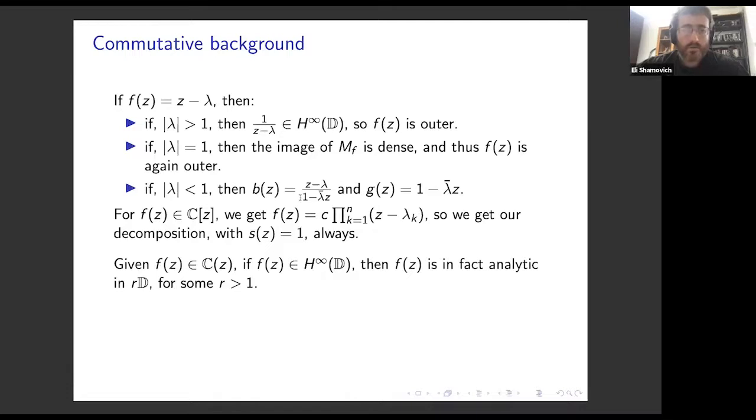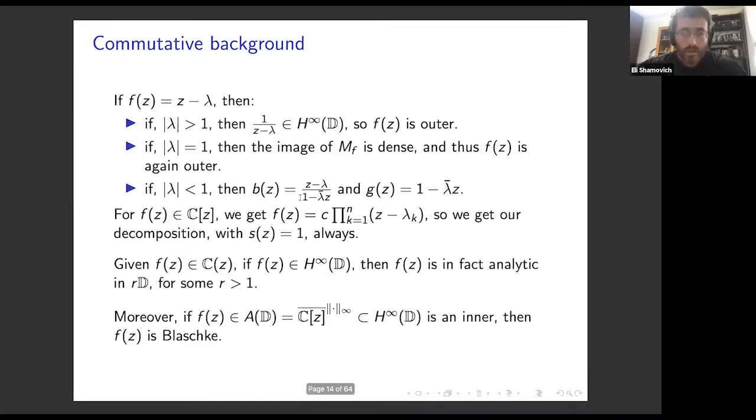And if we start with a rational function which is bounded, then in fact it is analytic in a slightly bigger disk. So it belongs to a smaller algebra inside H infinity, which is the disk algebra.